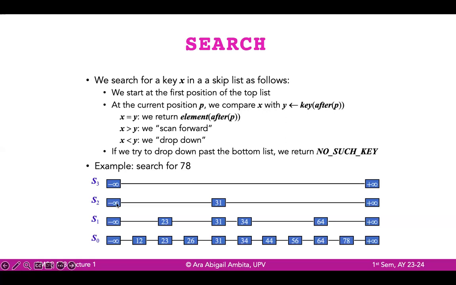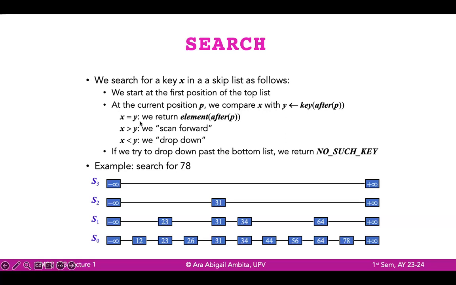We are going to compare the key 78 that we are looking for with the key after the position where we are. The element after negative infinity is 31, so we compare 78 with 31.